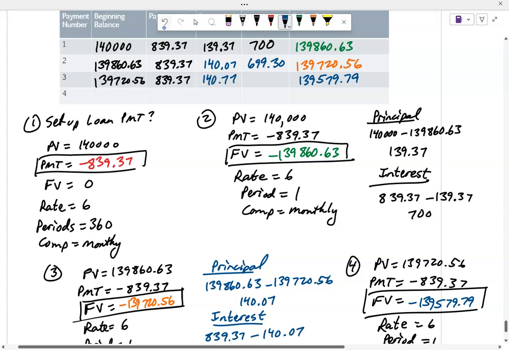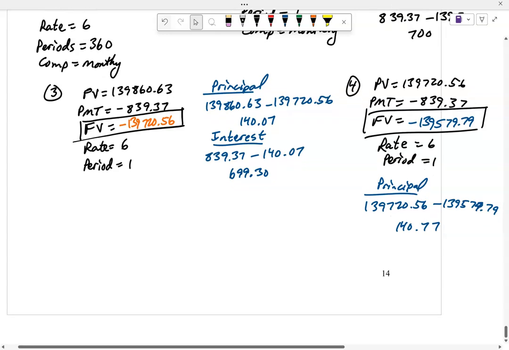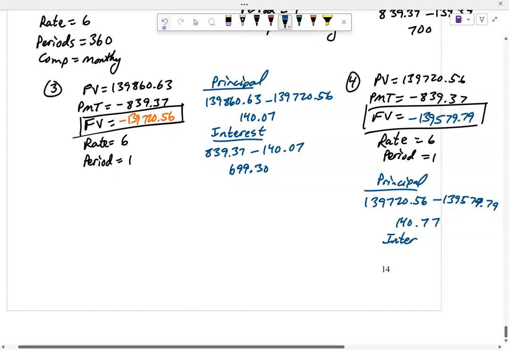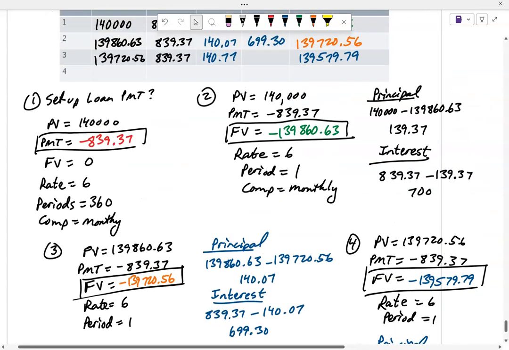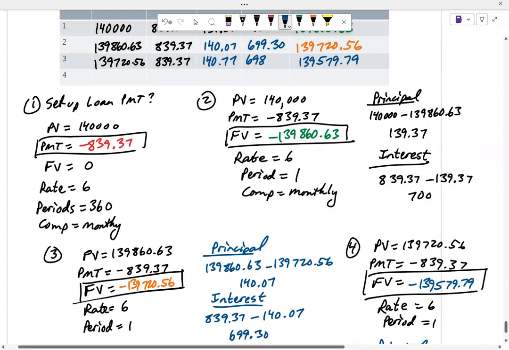What went towards interest? Interest would be my payment, 839.37 minus 140.77. That'll give me 698.60.